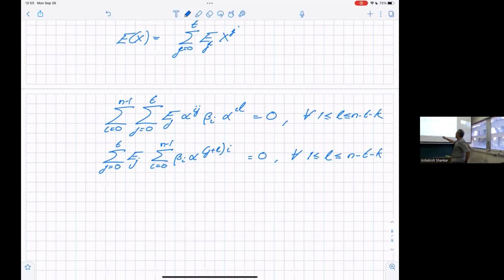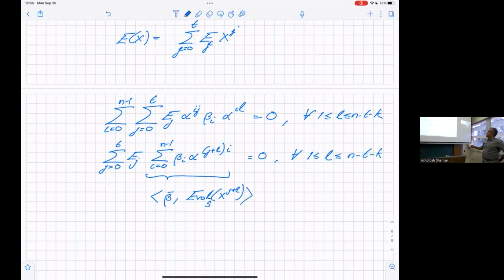I want to say that these guys, what you have over here, are things which we actually know. Let's look at this particular quantity. This is exactly the inner product between the vector beta and the evaluation of x power j plus L on the set.